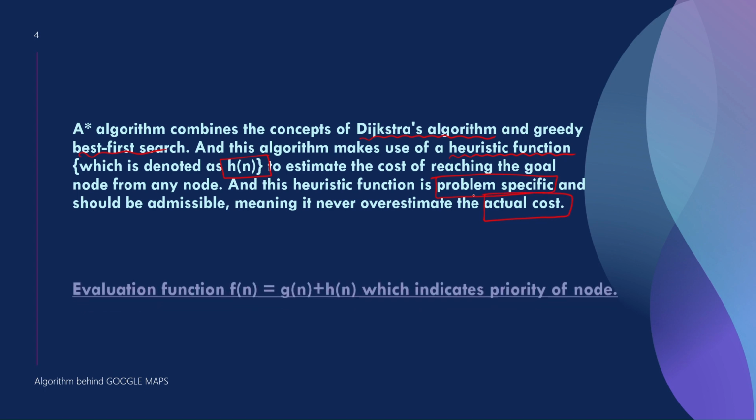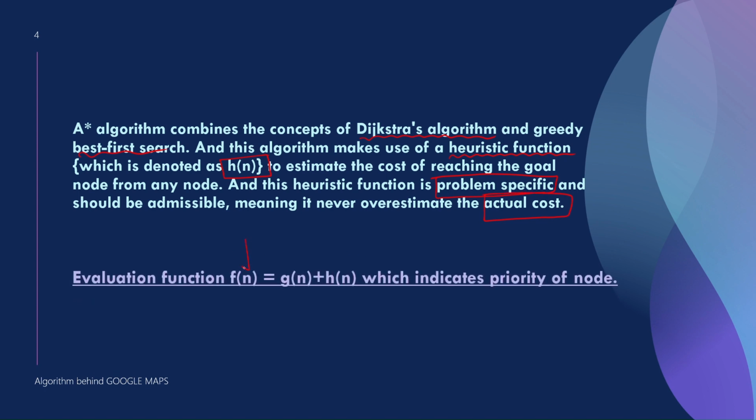Our evaluation function, denoted as f(n), is the sum of g(n) and h(n), where g(n) is the actual cost and h(n) is the estimated cost. The f(n) indicates the priority of the node.